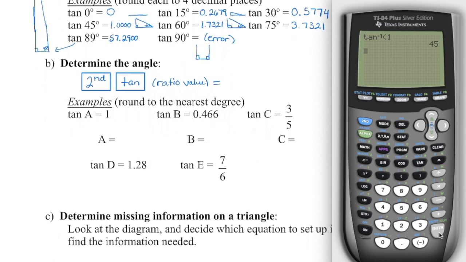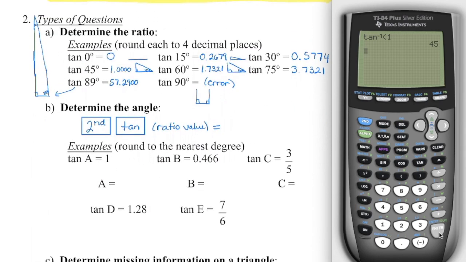Now we know that's true because up here, if we go back to what we just did, I know if I have a tangent of 45, if my triangle contains a 45-degree angle, the opposite compared to the adjacent, that's an isosceles triangle. They're going to be the same, so that's 1. So if my ratio is 1, we know that angle is 45 degrees. So A is 45 degrees.